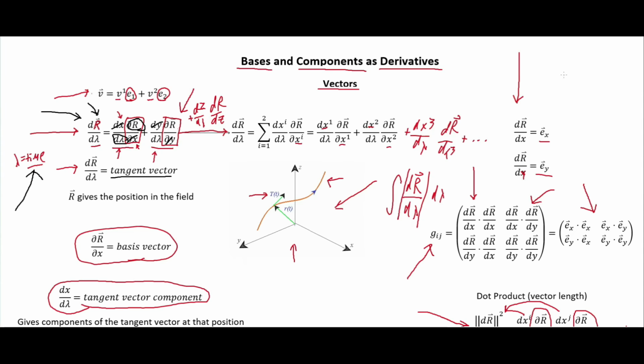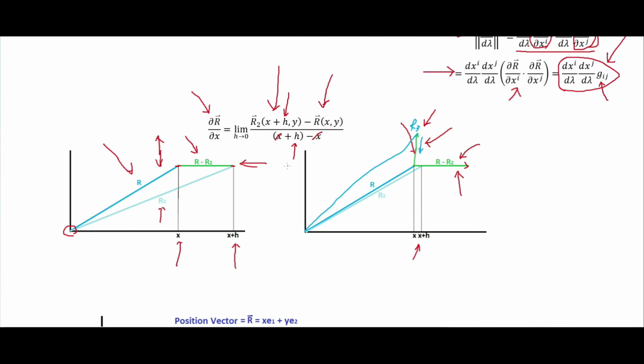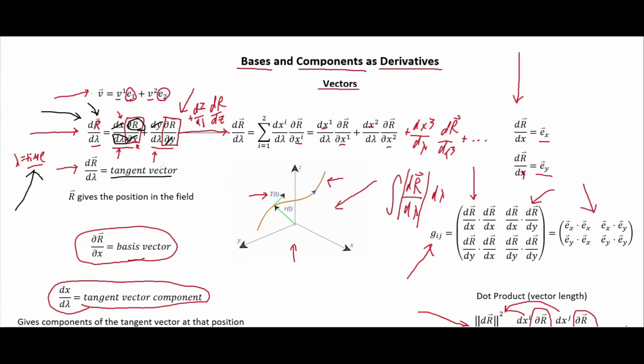It doesn't seem like that should be possible, but if you think about it, these partial derivatives, which we are using for our bases, necessarily, by definition, have a direction. This is the partial in the direction of x, and this is the partial in the direction of x2, which is kind of like our y.